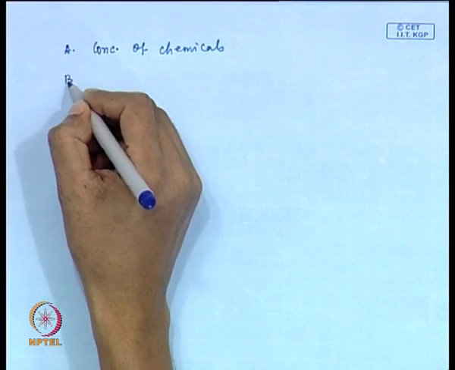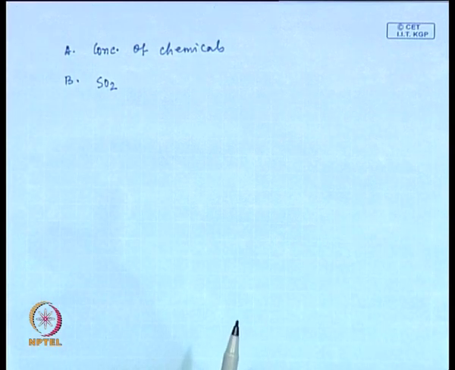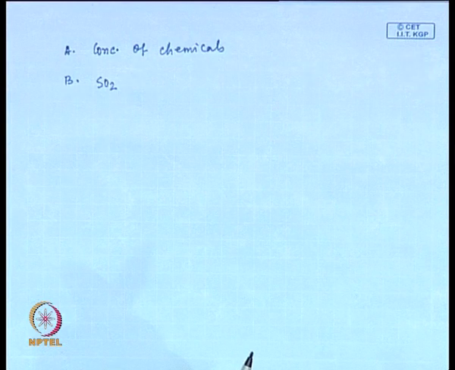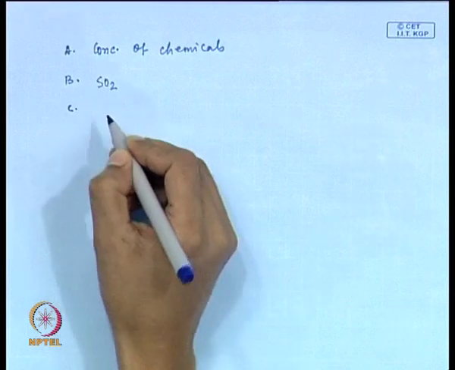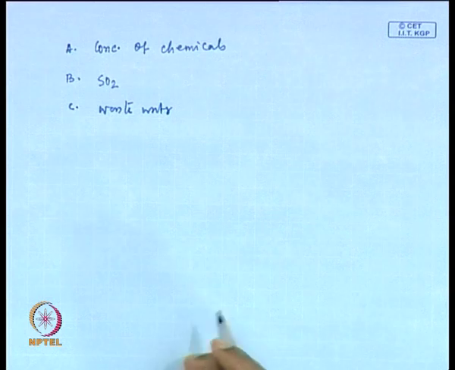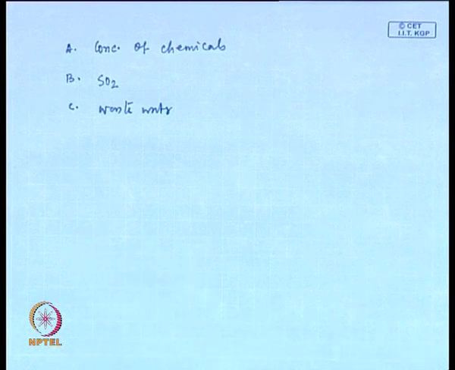Another example is the sulfur dioxide concentration in the stream which is rejected to the atmosphere. And third example is the wastewater which is returned to the river or lake. These are three examples under the environmental regulations.